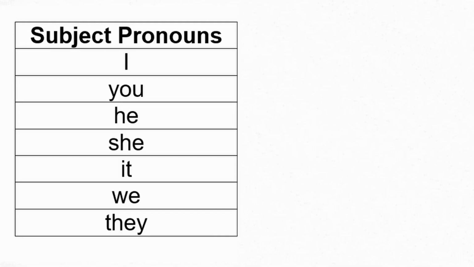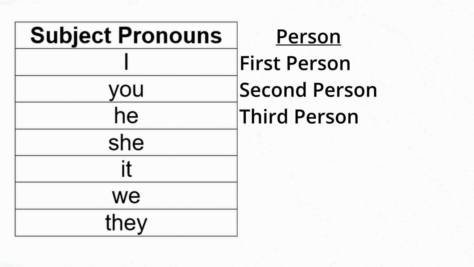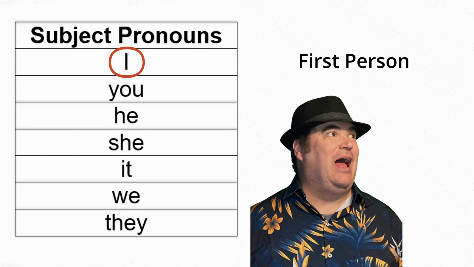So, looking at the subject pronouns, we have two things to talk about when we talk about pronouns. The first is person, and that's either first person, second person, or third person. Now, first person is the person who is speaking.